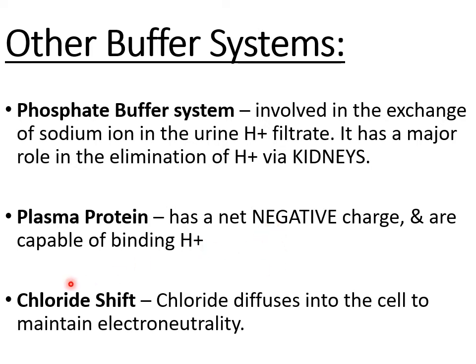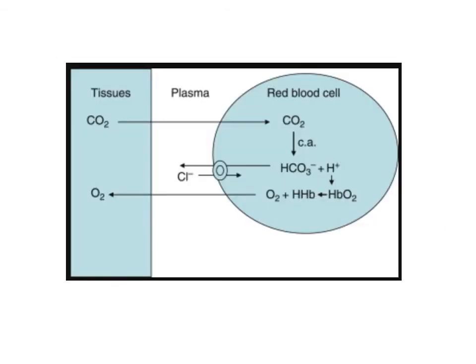And lastly, your chloride shift. And chloride shift happens in RBC. So, paano yan nangyayari? So, halimbawa, this is your RBC. Okay? Meron tayong nangyayaring exchange of your carbon dioxide and oxygen to form your deoxyhemoglobin and or oxyhemoglobin.